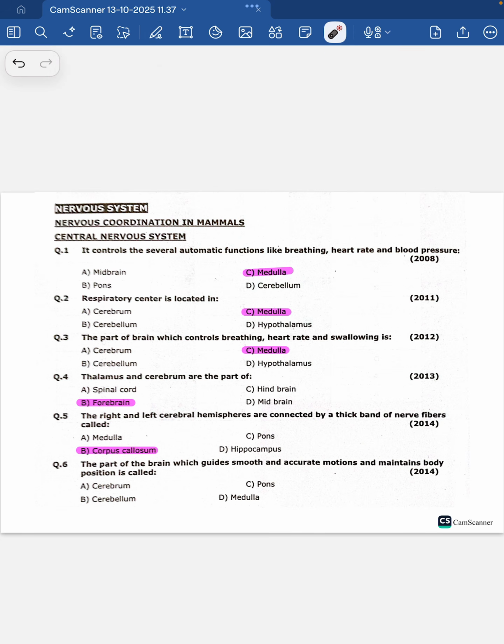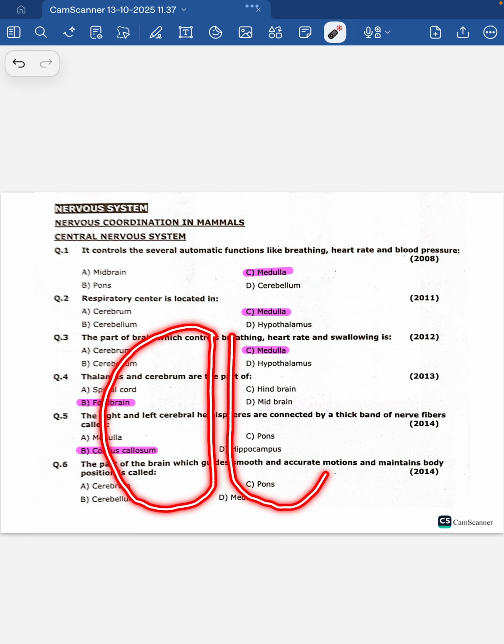And if he asks, the two cerebral hemispheres are separated from each other through, then what will the answer be? Let's suppose here is the right cerebral hemisphere and here is the left cerebral hemisphere, and you can see a gap present between them.